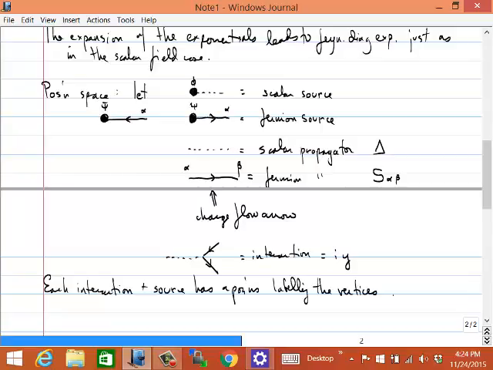So there's a position for each interaction vertex and a position for each of the sources. And then the full Feynman diagram is computed by integrating over all possible locations of the interaction vertex, okay? Just as in the scalar theory.